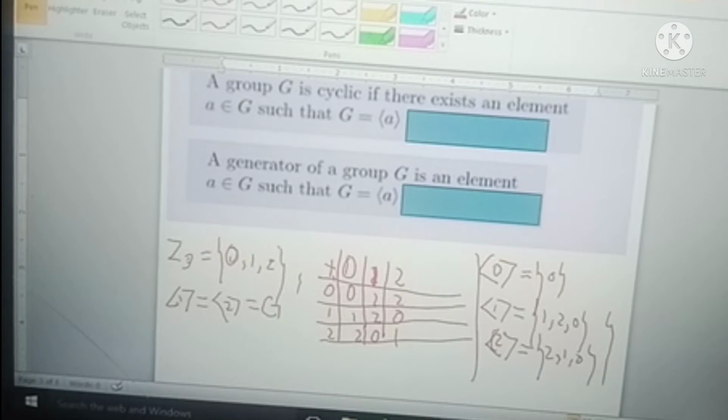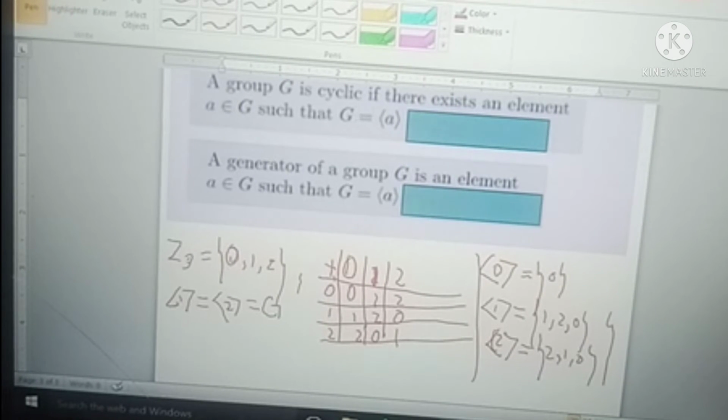Then we talk about the generator. So the generator of this group G mod 3, the set of integers modulo 3. So we have two generators. We have 1 and 2. These are the generators of this particular group because the subgroup generated by 1 contains the elements 1, 2, 0, which are also elements in G mod 3, equal, no?